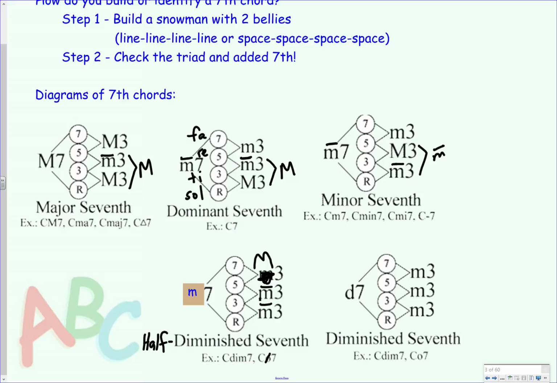And we know that superimposed minor thirds make up a diminished triad. In the half diminished 7th chord, we have a minor 7th from root to 7th.